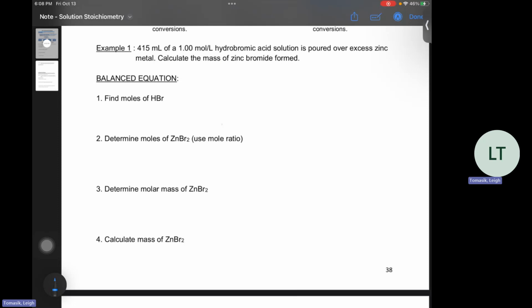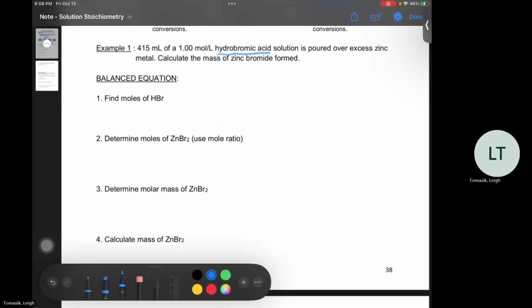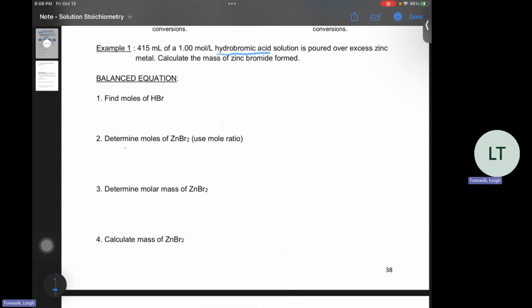Okay, so the first thing that we're going to do is find the moles of HBr. So that's the hydrobromic acid. So what we're going to do is figure out what they've given us. They've given us a volume, which is 415 milliliters, and they've given us a concentration that is 1.00 moles per liter.